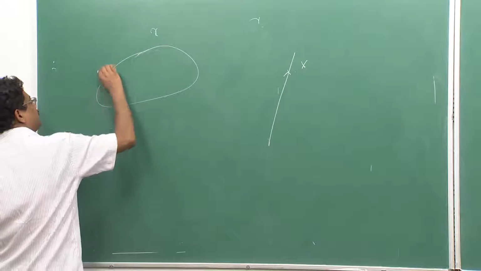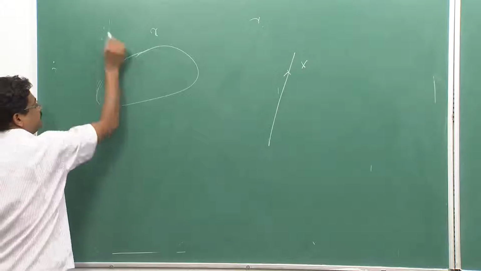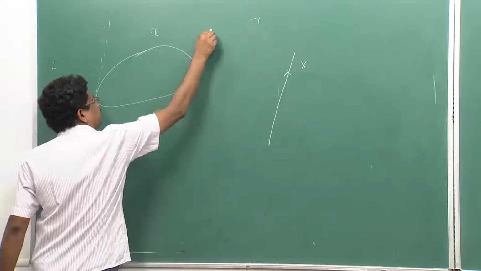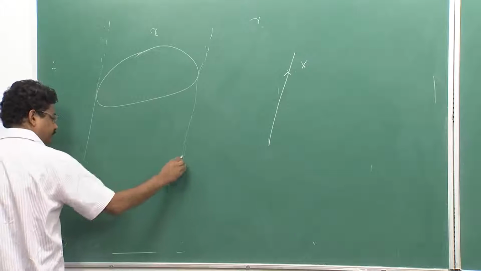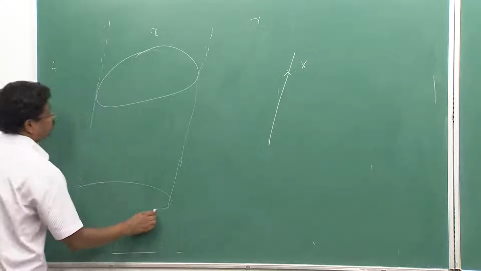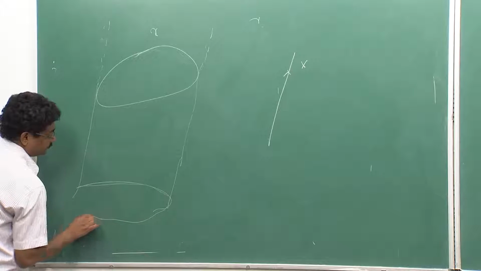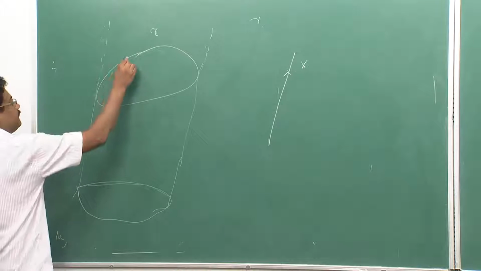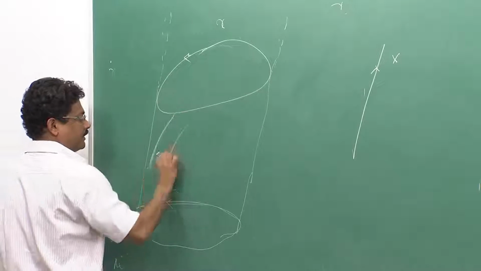Something will go up parallel to x, things will go down parallel to x. The curve will remain the same and then I will get a surface like this.